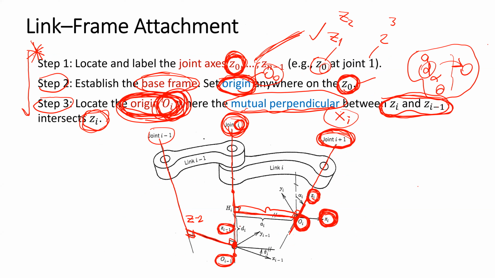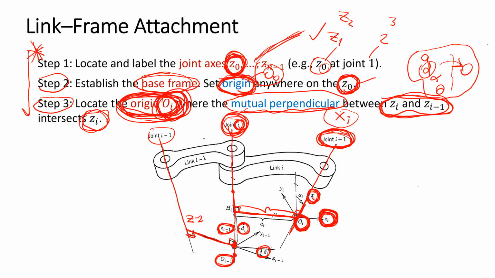For the joint angle, we rotate about the z-axis with the angle theta. Then we translate in the z-axis with the distance d.